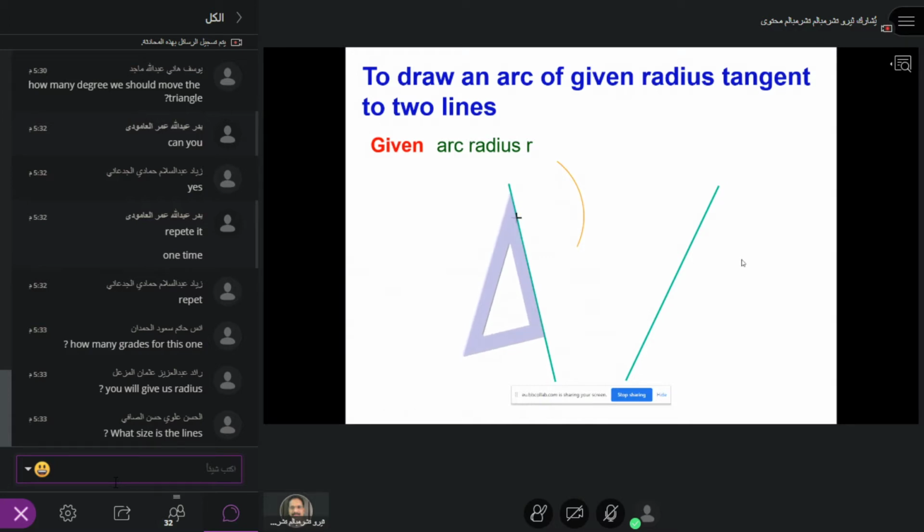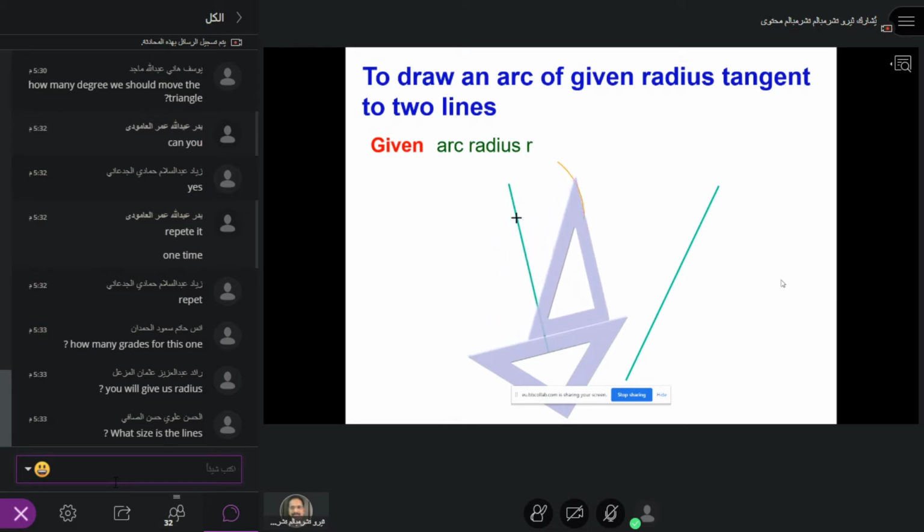Clear? And then use the other tri-square. Last class we did this: draw the tangent by using the adjustment method. So move this triangle all the way until it reaches the surface of the arc, and then draw the tangent from the arc.